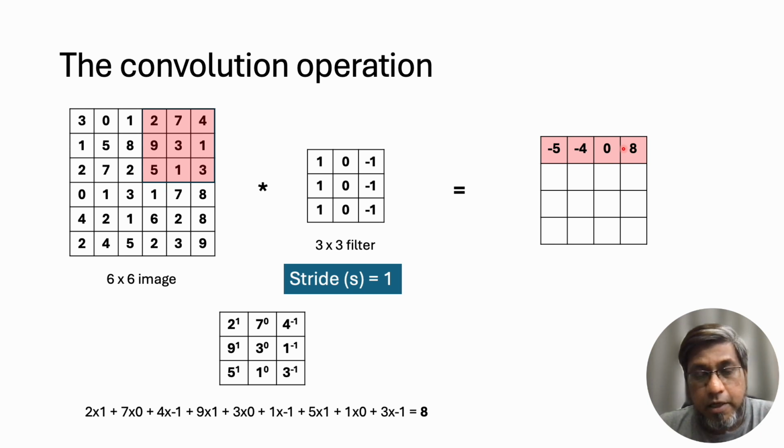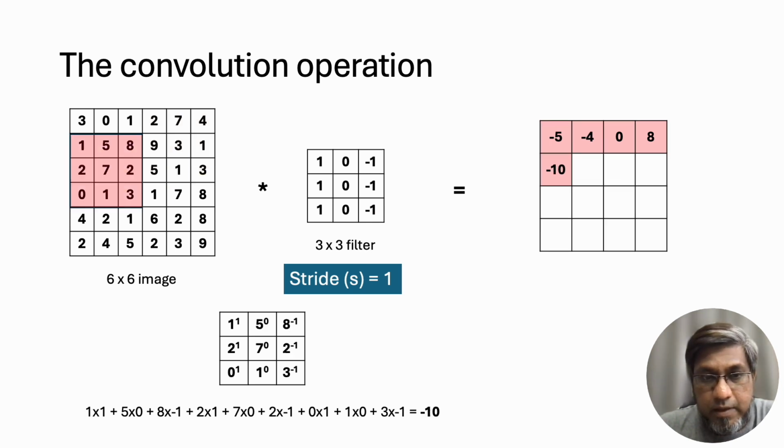Now that we have reached the right edge of the image, the next step is to bring the window back to the left edge and shift it 1 pixel down. So in that case we will end up in this situation. So we have brought it back to the left edge and shifted it down by 1 pixel, and that gives us the value of the output image for the first element of the second row.